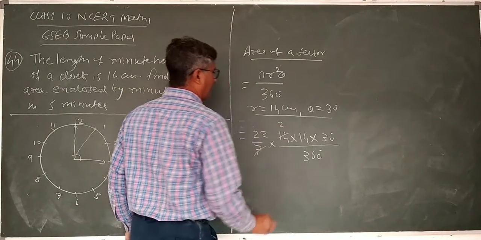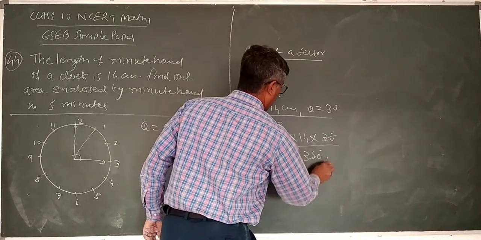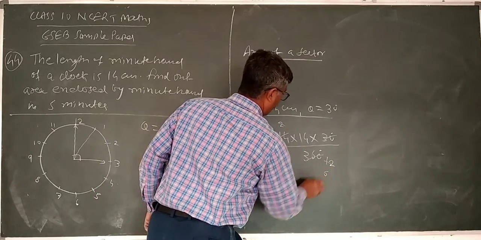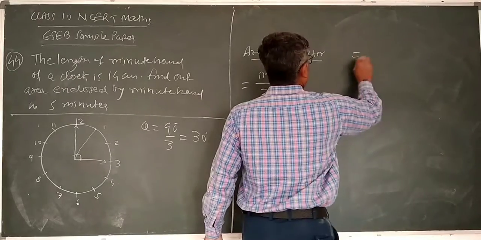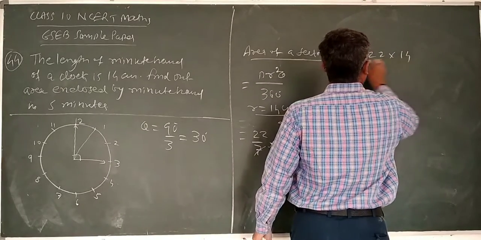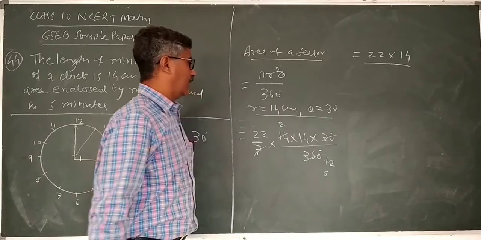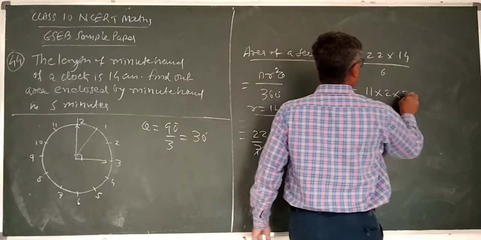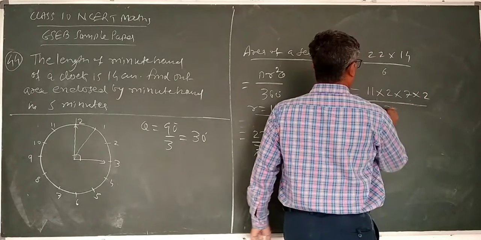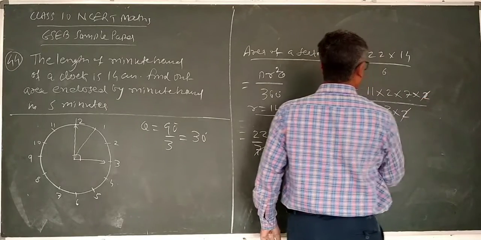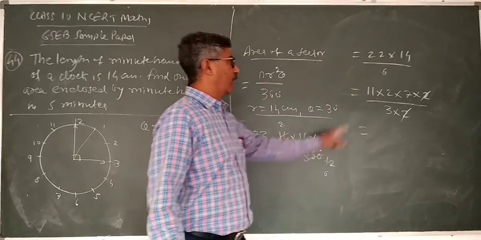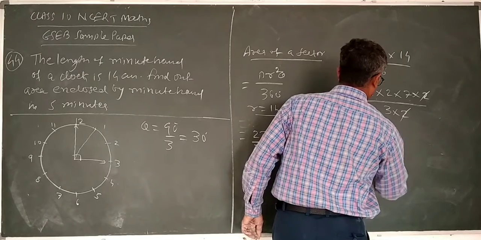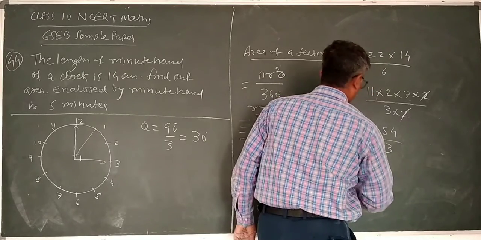Then 22 upon 7 into 14 into 14 upon 12. 7 twos are 14, 12 threes are, 2 sixes are, so it will be 22 multiplied by 14 upon 6. 11 twos are into 7 twos are upon 3 twos are. So 22 sevens are 154 upon 3.